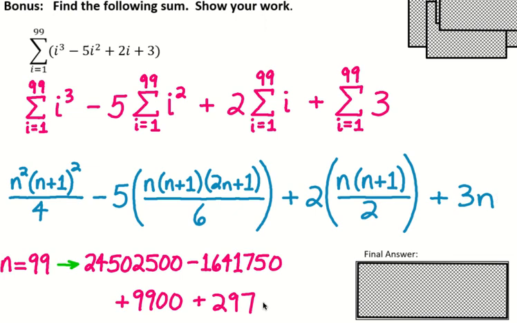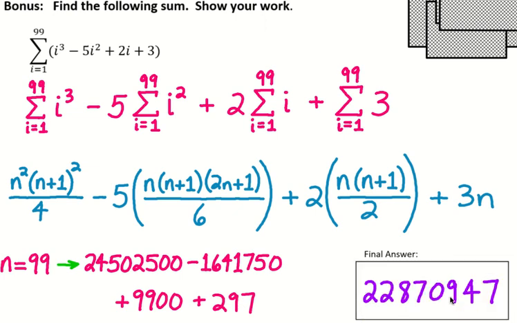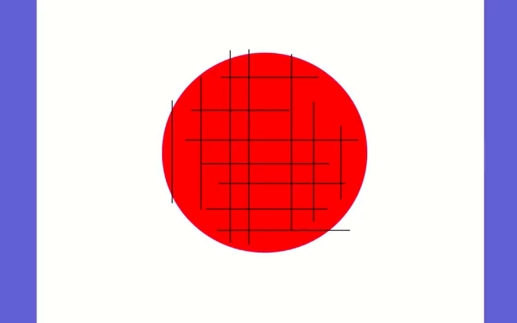And 3 times 99 is 297. And so all of this finally simplified is, oh my goodness, 22,870,947. And by the way, you need to show all this work to get bonus points. Woo!